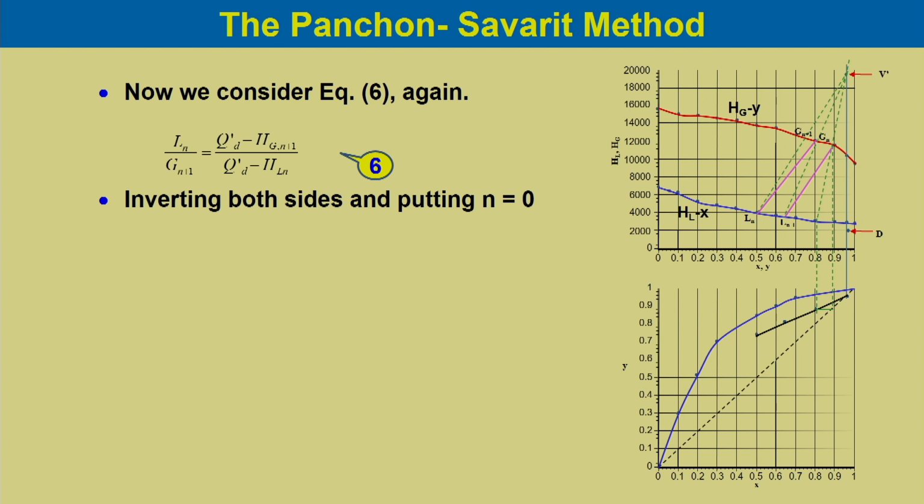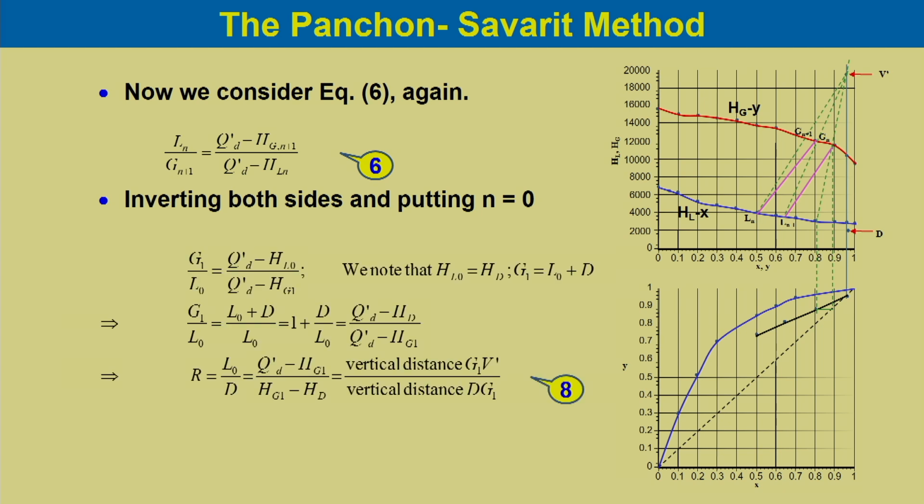Inverting both sides and putting n equal to 0, we obtain L naught divided by G1 equal to Qd dash minus Hg1 divided by Qd dash minus HL naught.